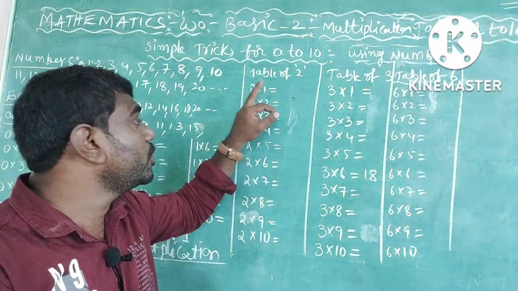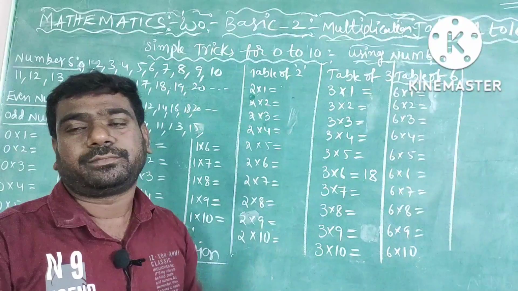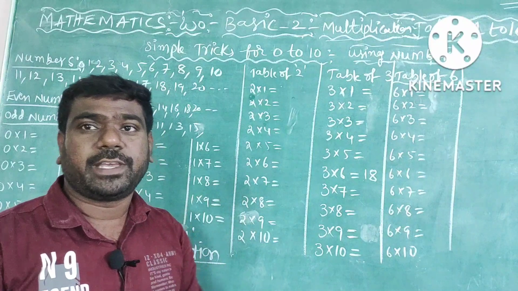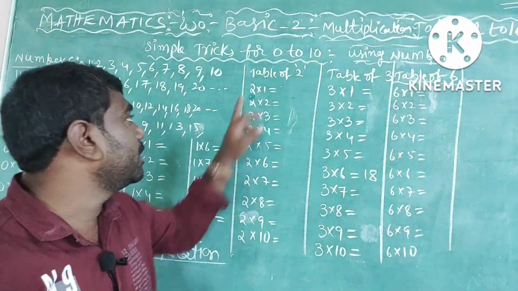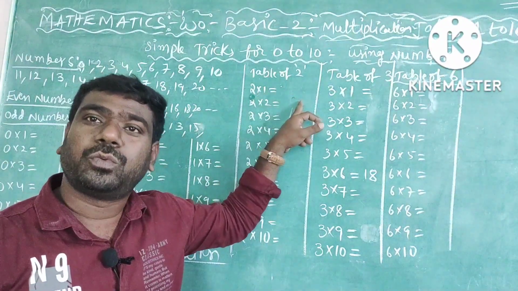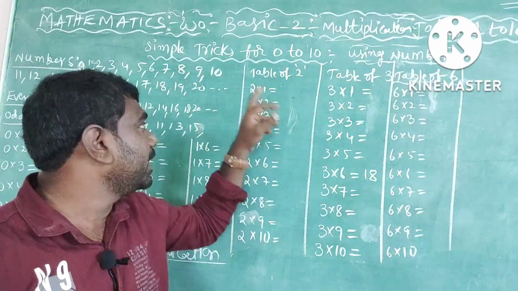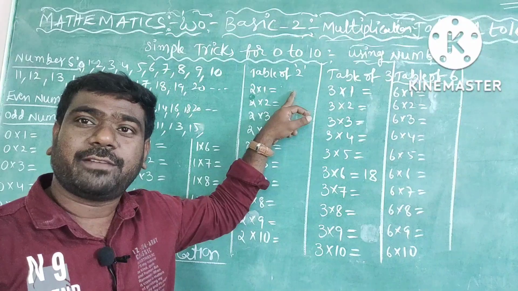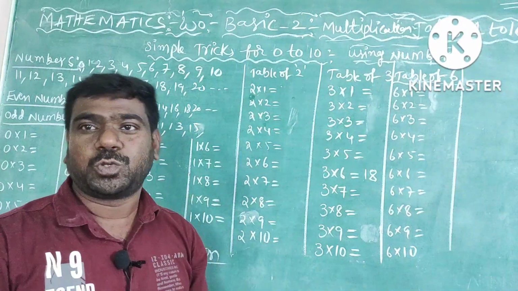Next one is what here? 2 ones are 2. Like this also we can read. Otherwise, 2 ones 2.